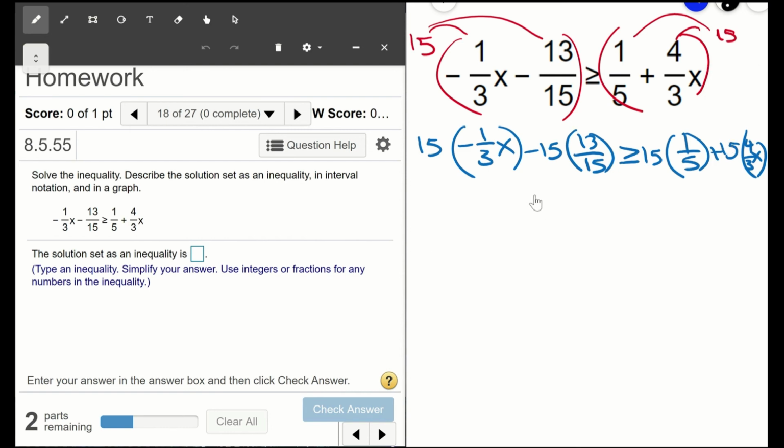All right, so we will go ahead and cross cancel as much as we can. The 3 and the 15 leave us 5 here. The 15s cancel out. Don't worry about the sign for now. We'll take care of it in the next step. 5 and 15 leave us 3. 3 and 15 leave us 5 here. So carefully now, we notice that the sign here will be negative. Positive times negative is negative.